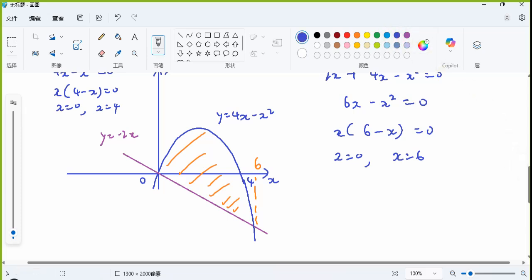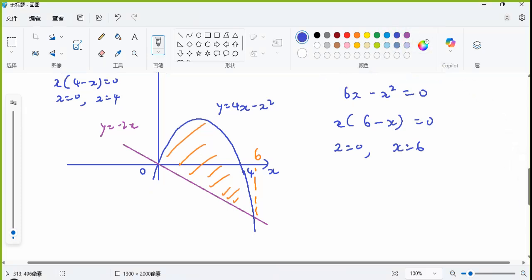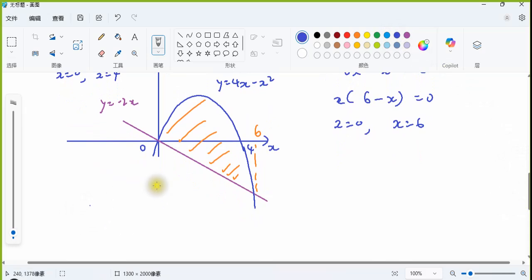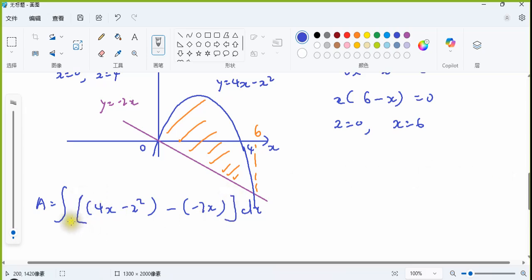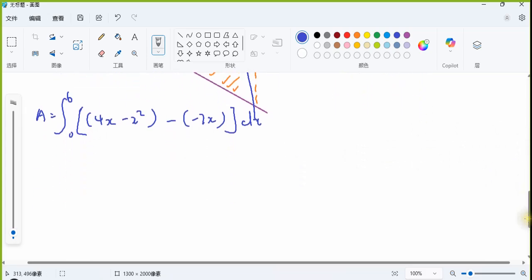So the area will be the integration of the above, which is 4x minus x squared minus the negative 2x dx, from 0 until 6.